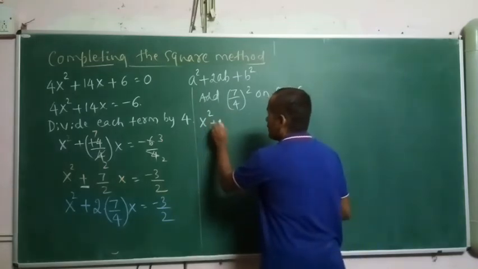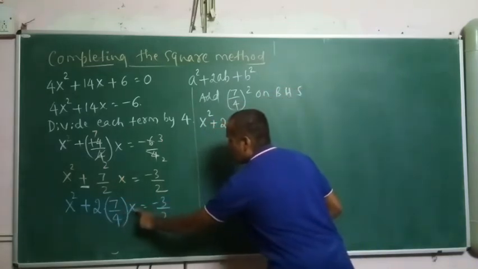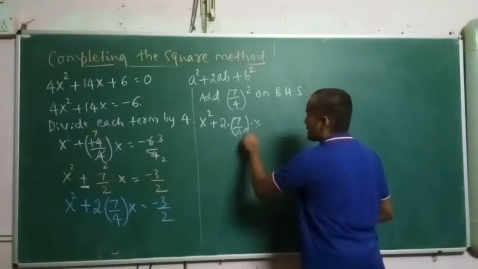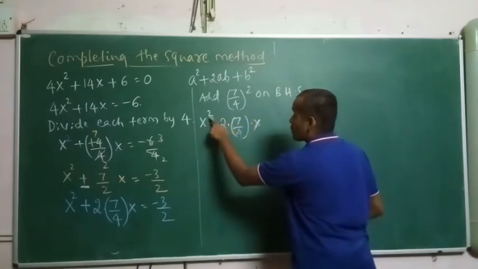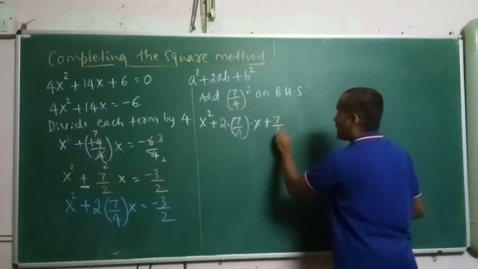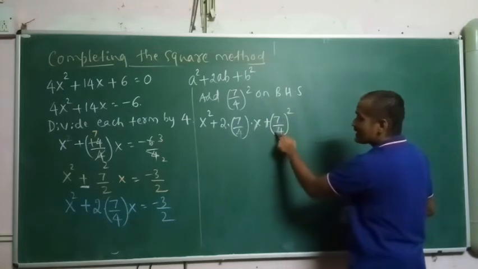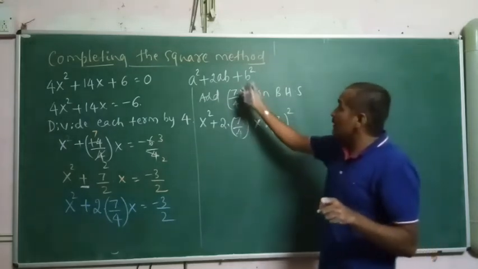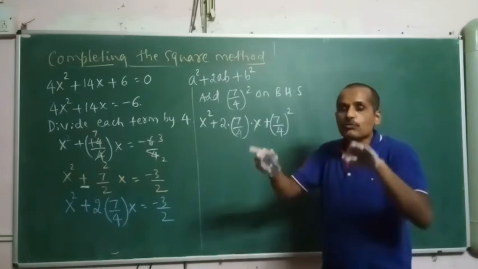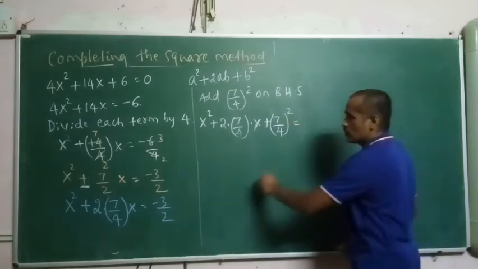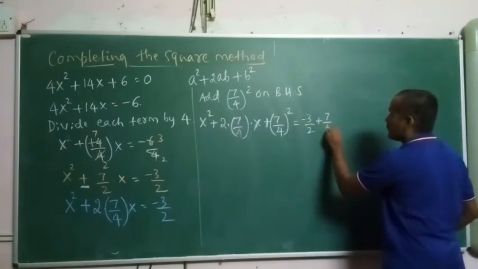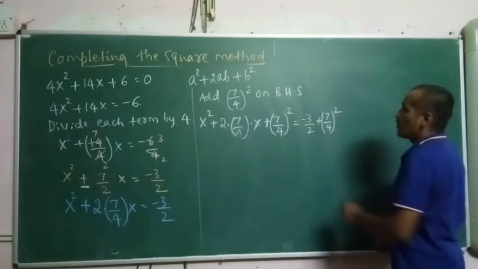x square plus 2 into 7 by 4, which is my b, into x, that is a square plus 2ab plus b square, 7 by 4 the whole square. This I have added to the LHS to complete the square, but naturally I would add it to the RHS also to balance the equation, which is equals to minus 3 by 2 plus 7 by 4 the whole square.